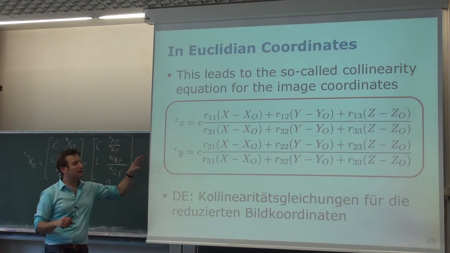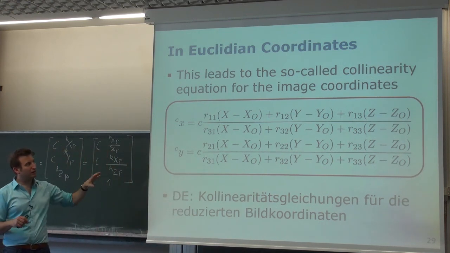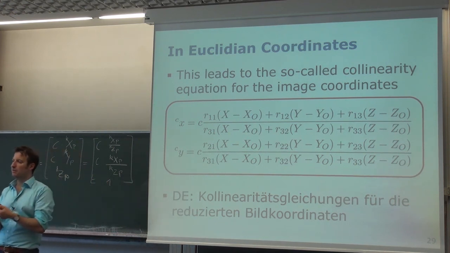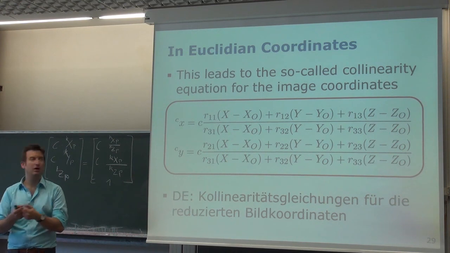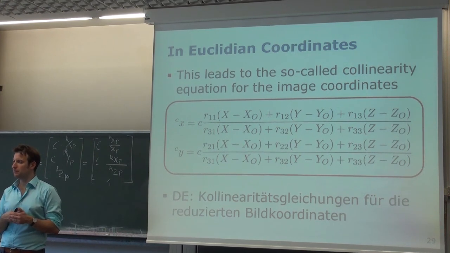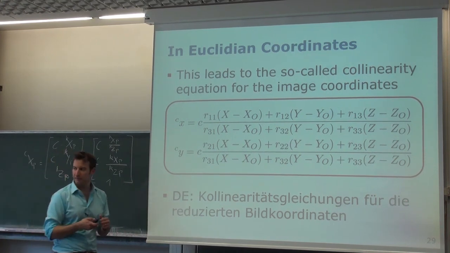But these are so-called collinearity equations for mapping my point from the world coordinate system for the ideal camera onto my image. Okay?